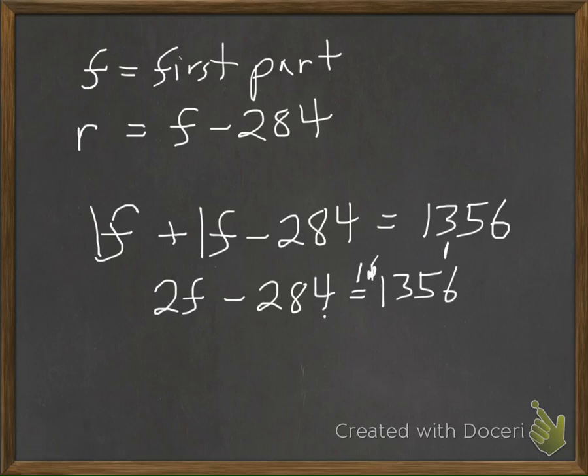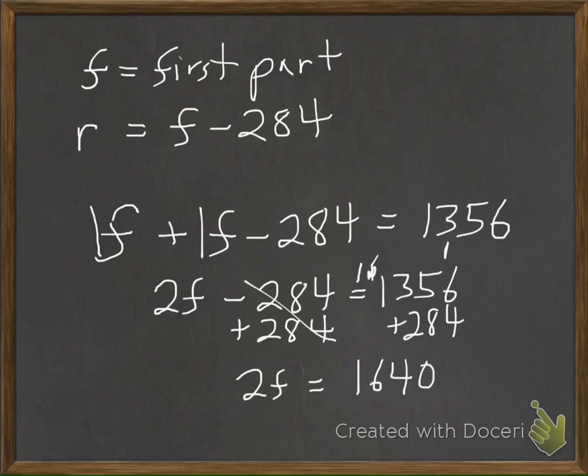So now to solve, I need to do what? Add first. So plus 284 on both sides. So then I get 2F equals 1,356 plus 284. Someone calculate it real quick. $1,640.